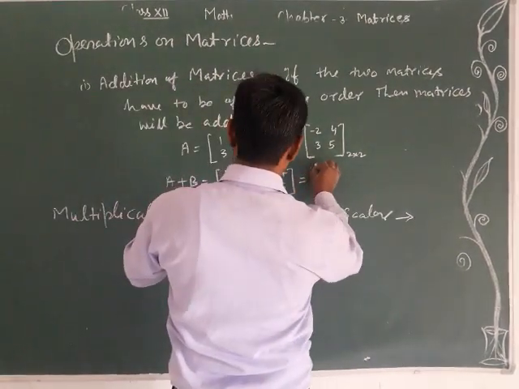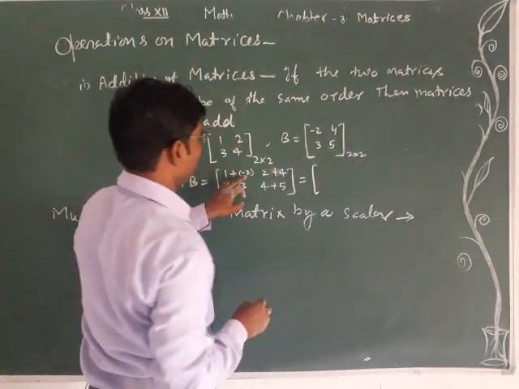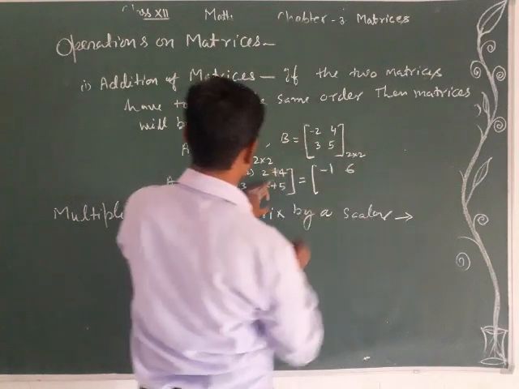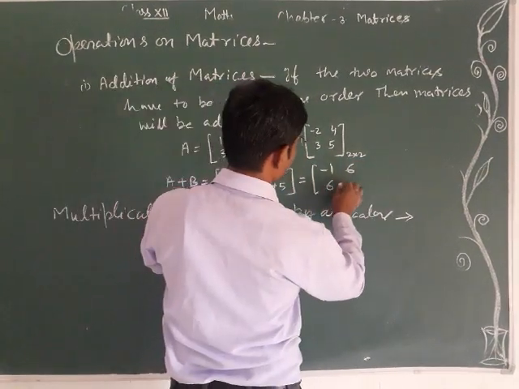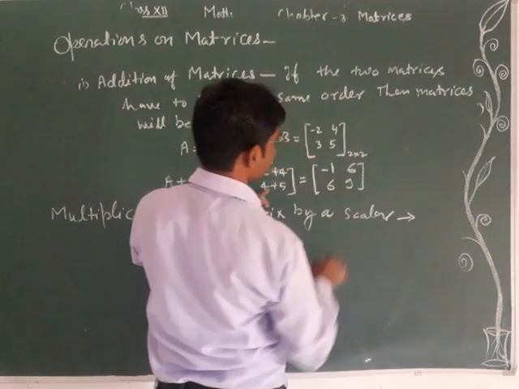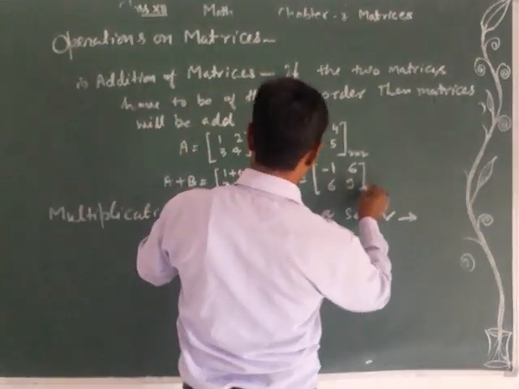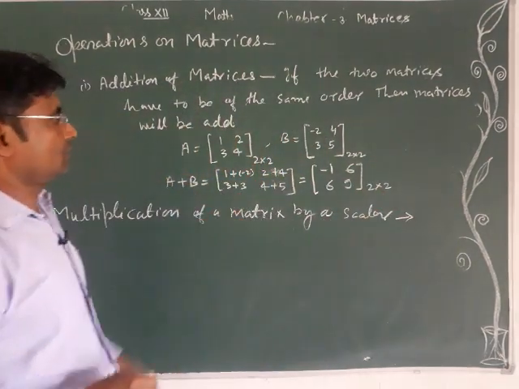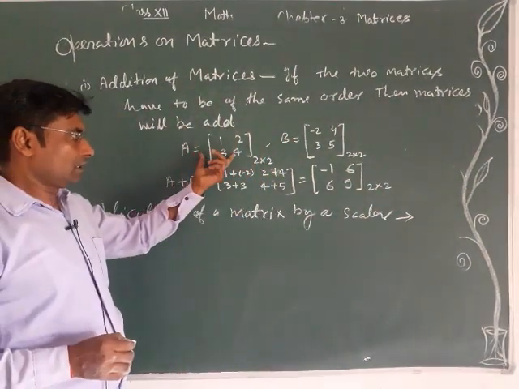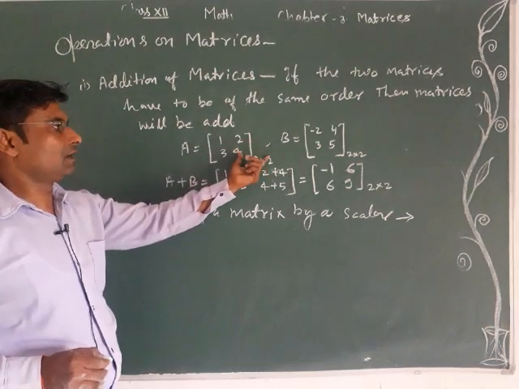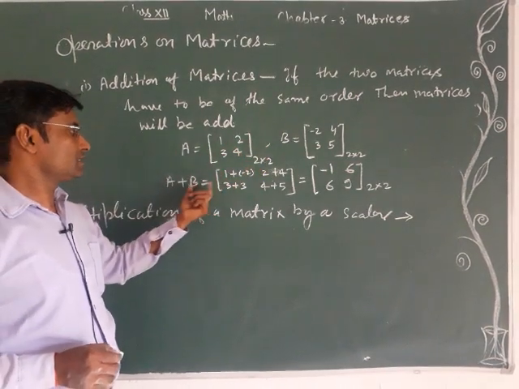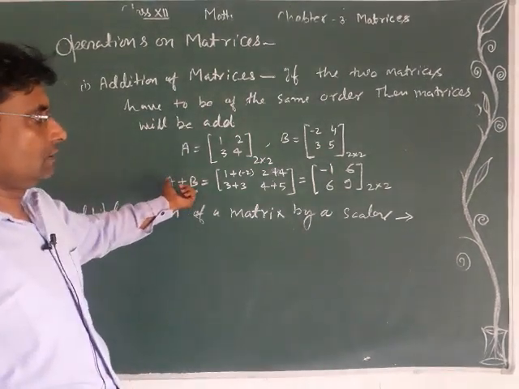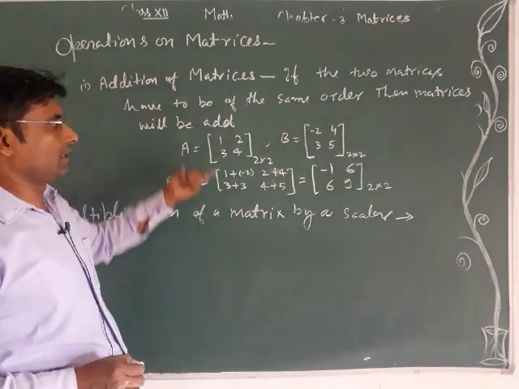This is equal to -1, 6, 6, and 9. The order of this matrix is 2 by 2. So if two matrices A and B have the same order, then the matrices can be added. This is the condition for addition of matrices.